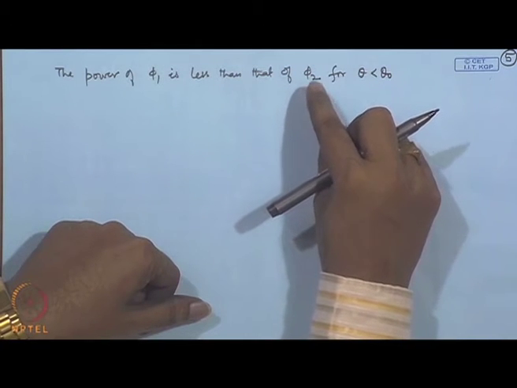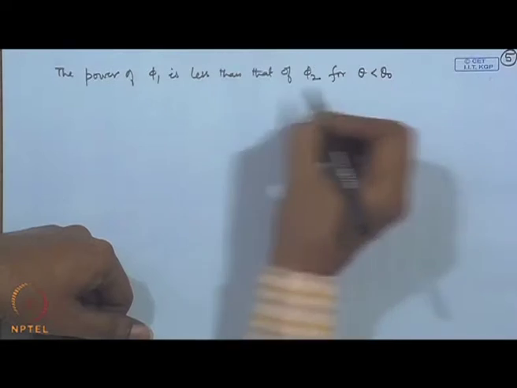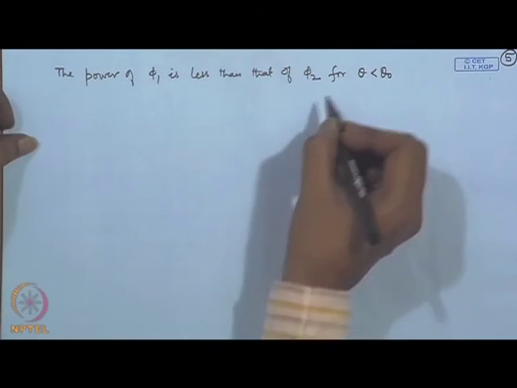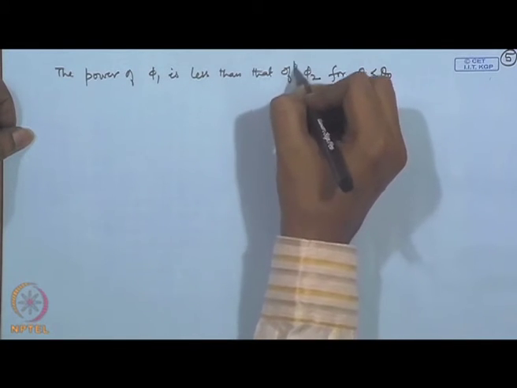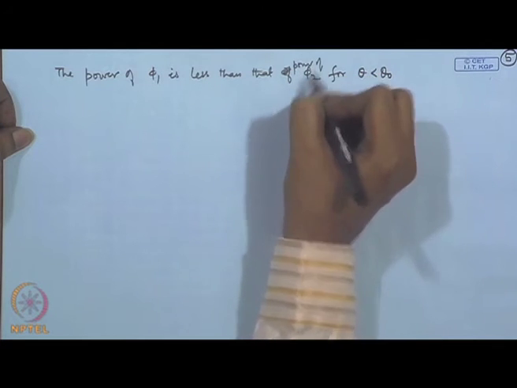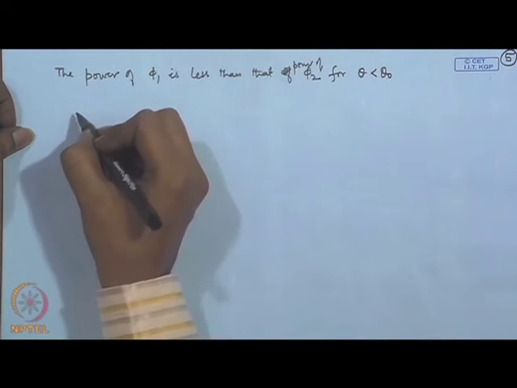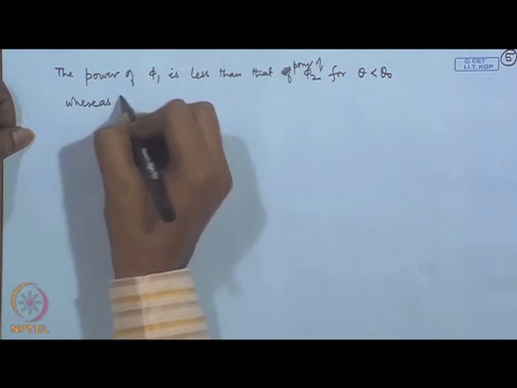Whereas, for phi 2 it is the probability of rejecting when H 1 is true, that is actually 1 minus the probability of type 2 error. That value is greater than or equal to alpha, because the minimum value is attained at theta naught. So, what we are getting here is that this is less than or equal to the power of phi 2 for this.